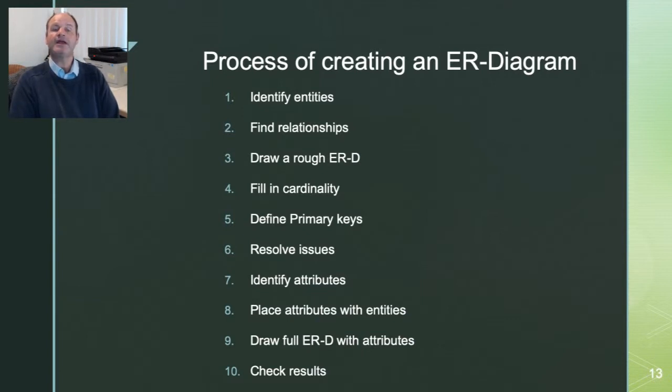Draw fully attributed ERD. At this point we may need to draw and redraw our diagram and to consider the entities and newly created relationships. So at this stage, step 9, don't be afraid to rub things out and start things again. But we need to make sure that our ER diagram follows all the rules.